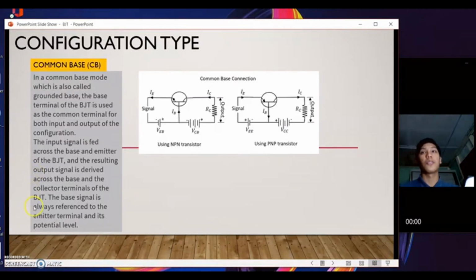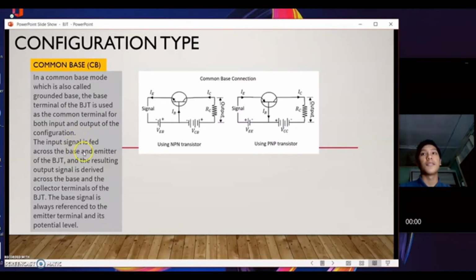Okay, so the next one is the configuration types. The first one is common base, that is CB. In a common base mode, which is also called grounded base, the base terminal of the BJT is used as the common terminal for both input and output of the configuration.